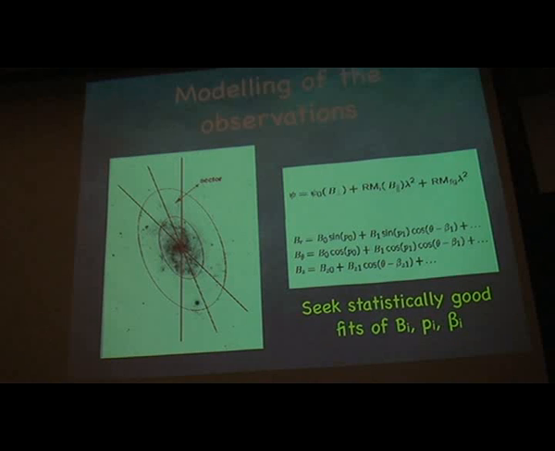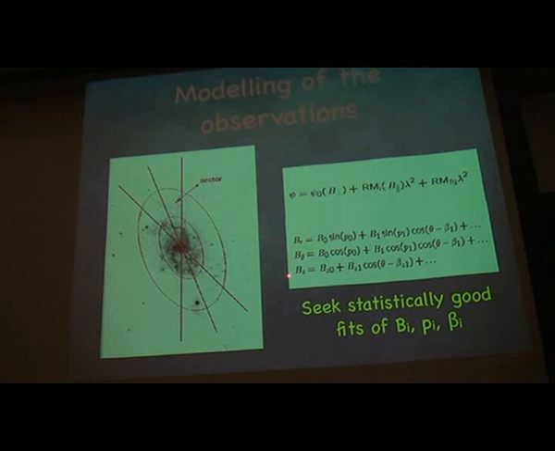By making an assumption that the magnetic field is continuous in azimuth, we can expand the three different components of the magnetic field in the plane of the galaxy, each into Fourier series. We can recover the three components of the magnetic field, a radial component, an azimuthal component, and a vertical component, all in terms of just the parameters of a Fourier series expansion.